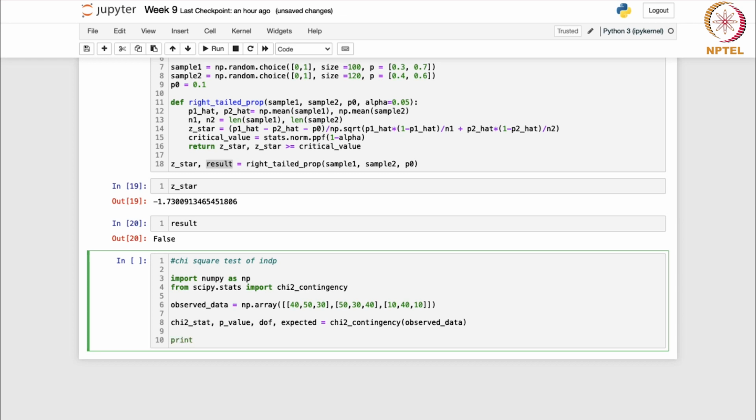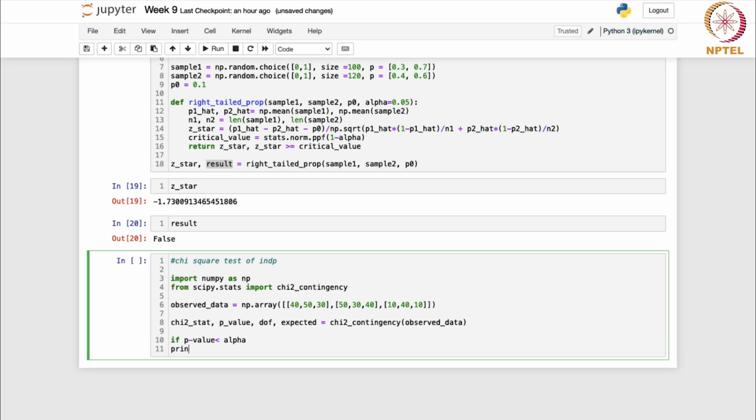If you want to print, suppose, your chi-square test statistic and all of them, first of all check if the p-value is less than alpha.